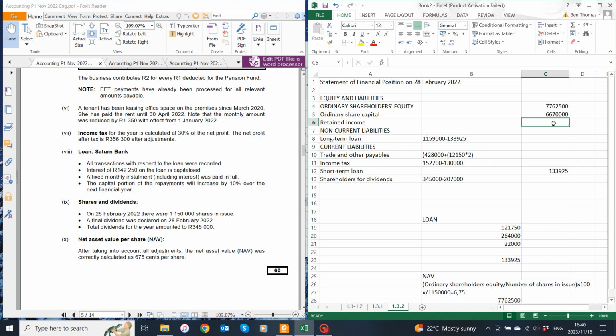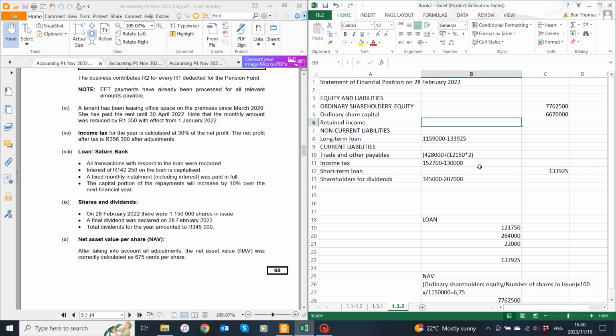So what are we missing? Because retained income plus ordinary share capital must equal ordinary shareholders' equity. So over here, we're going to say 77,625,000 minus 6,670,000. And you know that will be your answer. All right.